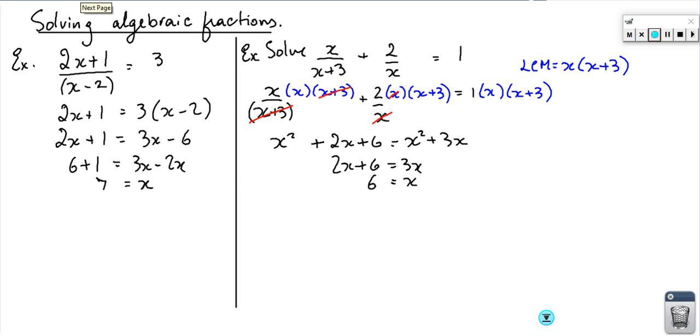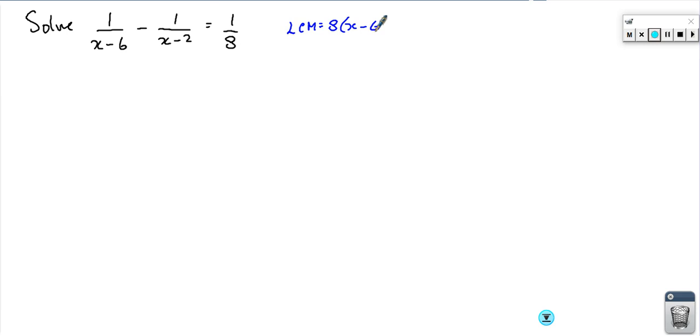So I've got: solve 1/(x - 6) - 1/(x - 2) = 1/8. Now, the LCM is 8(x - 6)(x - 2).